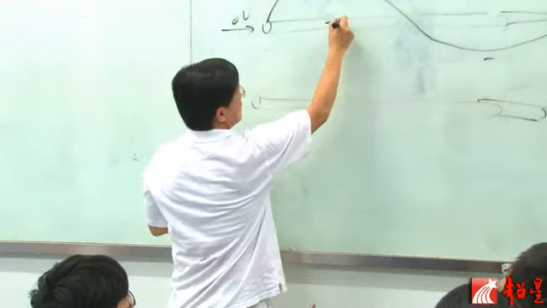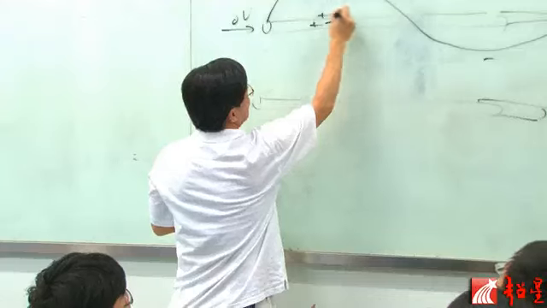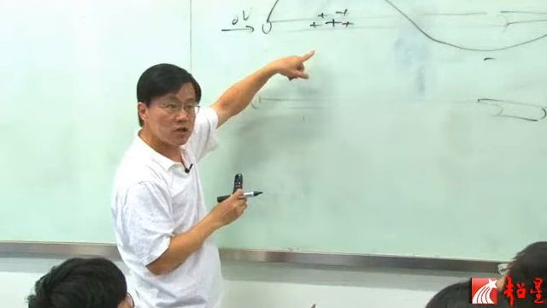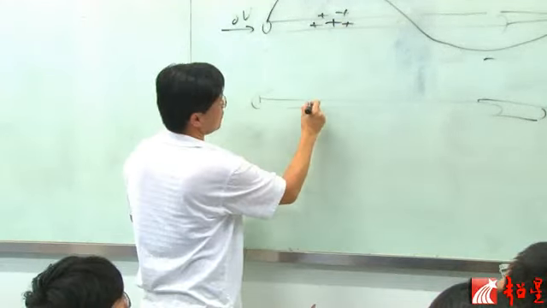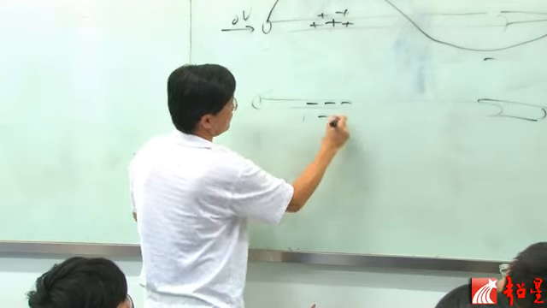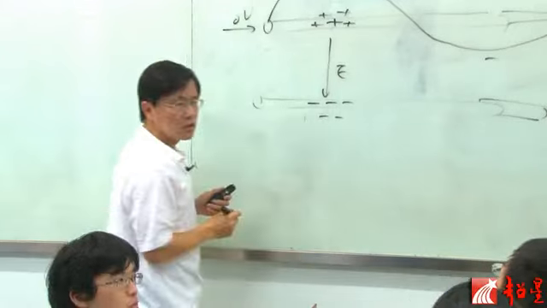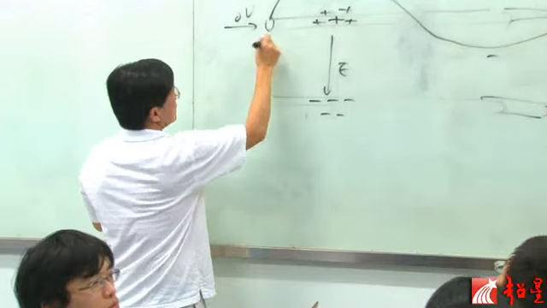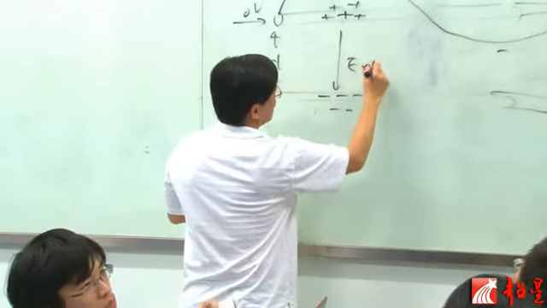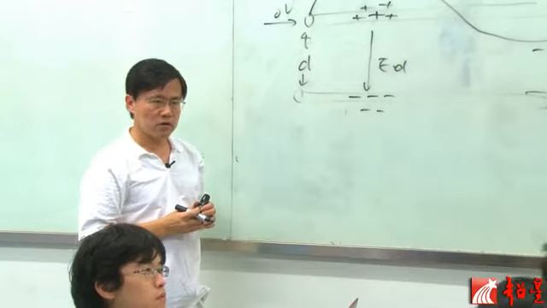We're going to have positive charges here, right? That's why we have that voltage. Okay? On this end, we're going to have negative charges. A lot of them, because that's how the E field is generated. And then if you have distance here, that E times D will give you the voltage, right?